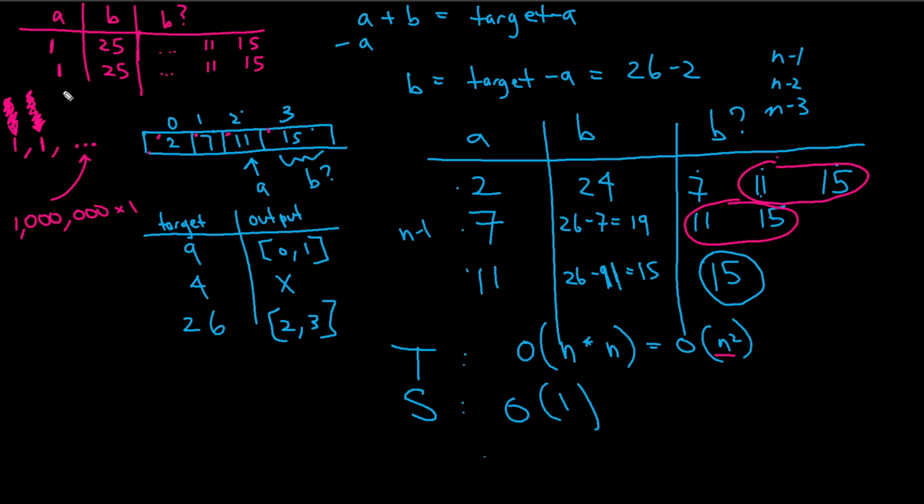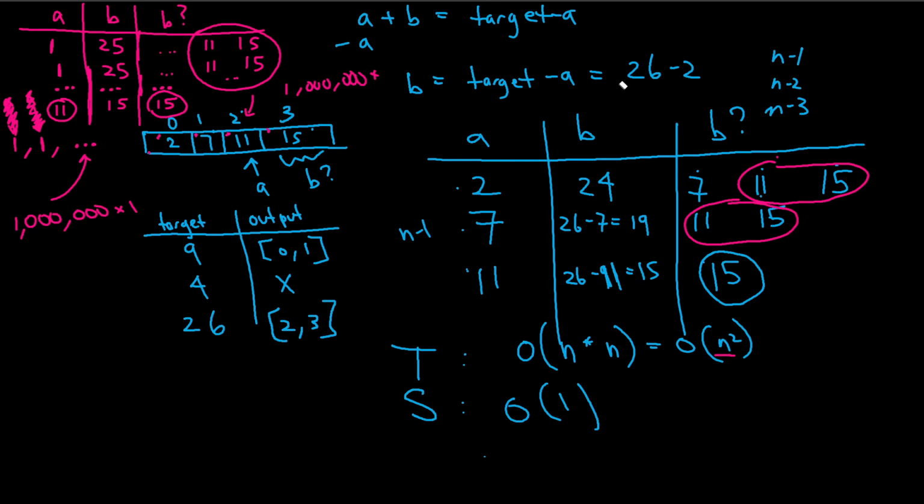So now we need to go through this process 1 million plus more times until we finally say A is 11, and so B is 15, and is 15 among the remaining elements? We said, yes, we found 11 and 15. But that was after iterating through 11 and 15 1 million plus times. So that's not very efficient, is it?